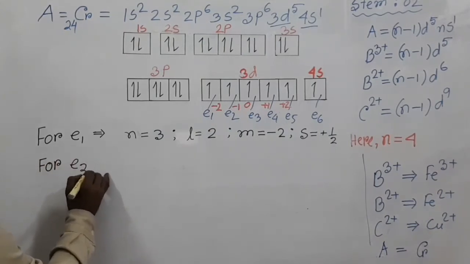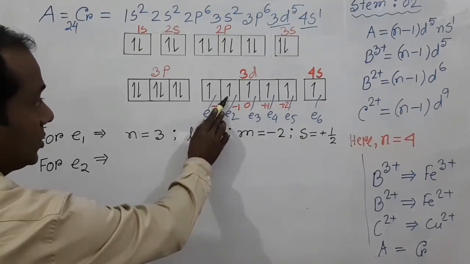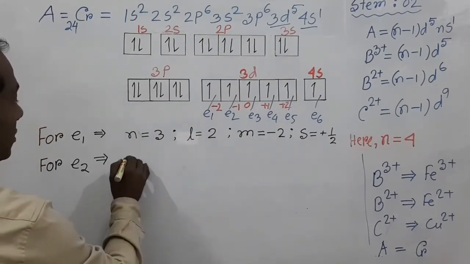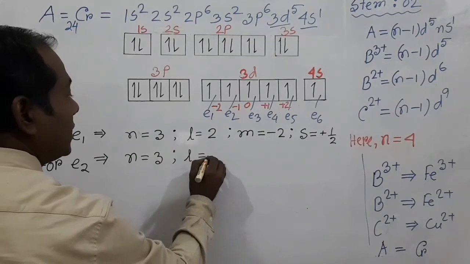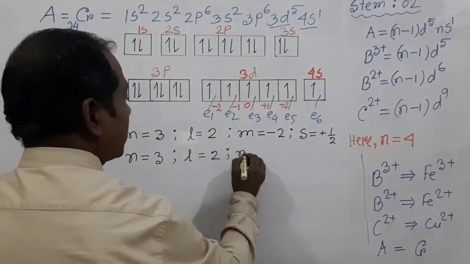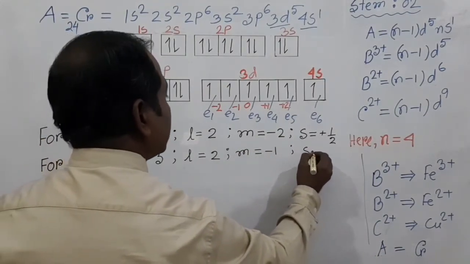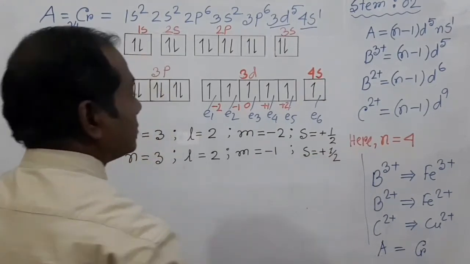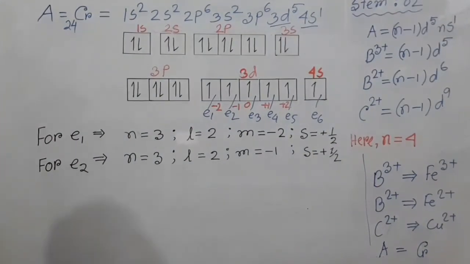For E2, this one is also present in the 3d orbital, so n equal to 3, l equal to 2. For this electron, m equal to -1 and s equal to +1/2, because this one is also the first electron for this orbital.